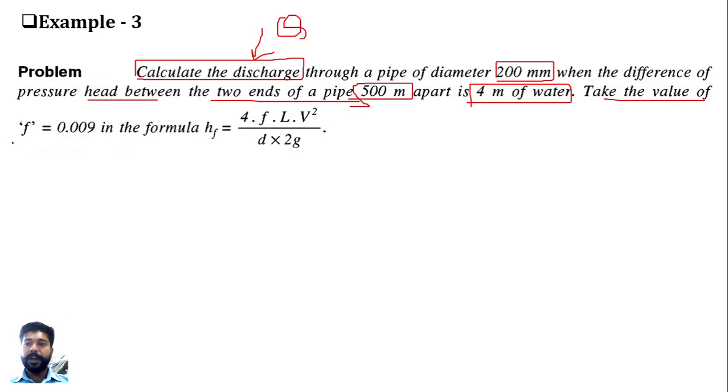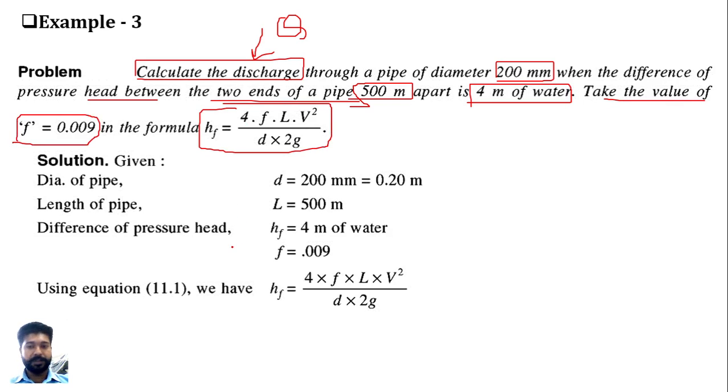Take the value of f as 0.009, and we need to use this Darcy-Weisbach equation. Here D, L, hf, f are given. In the hf equation, we have f, we have L, but V is unknown. So firstly we need to find this V. D is known, so all other values are known. From this Darcy equation we can find the velocity.